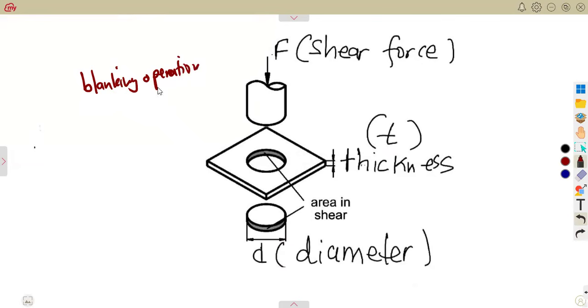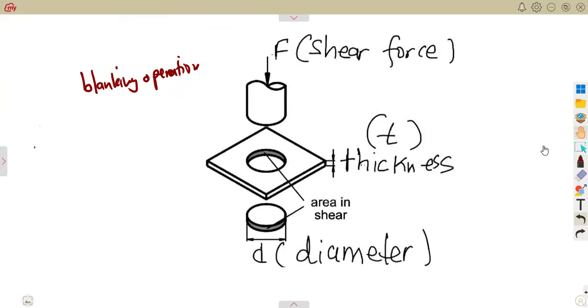In this case, we are going to notice that there is a condition where the shear force is being applied, and the surface that we have there has a thickness to be considered. Like this is our blanking.